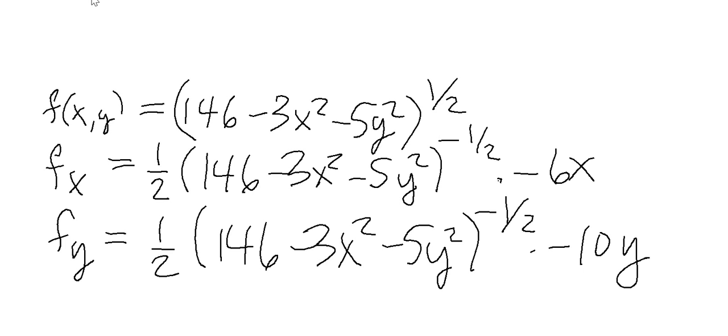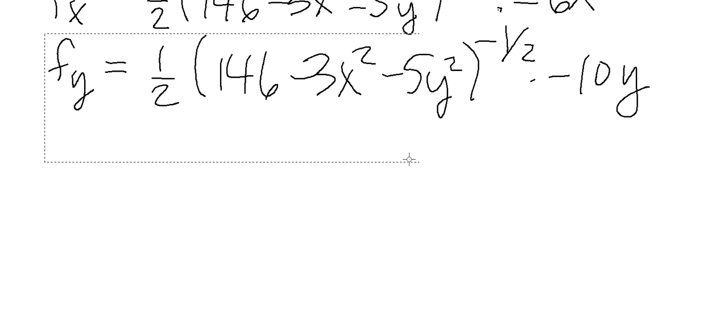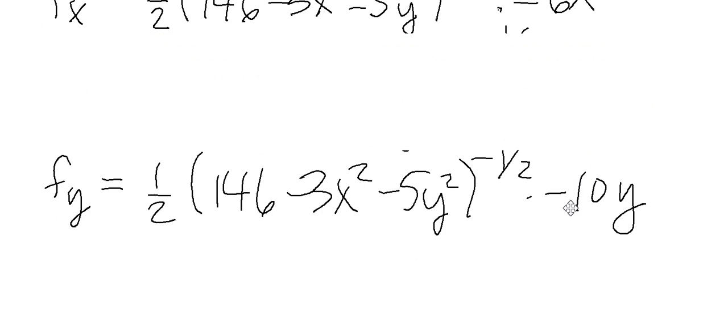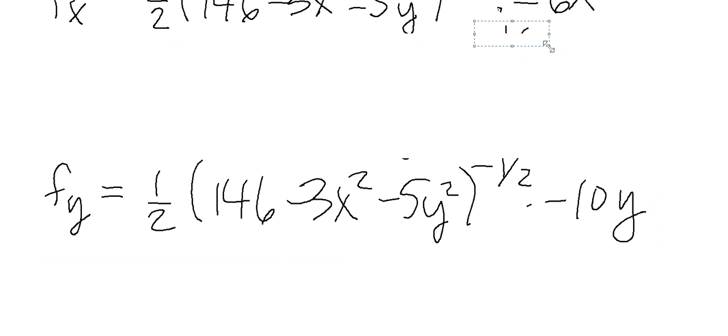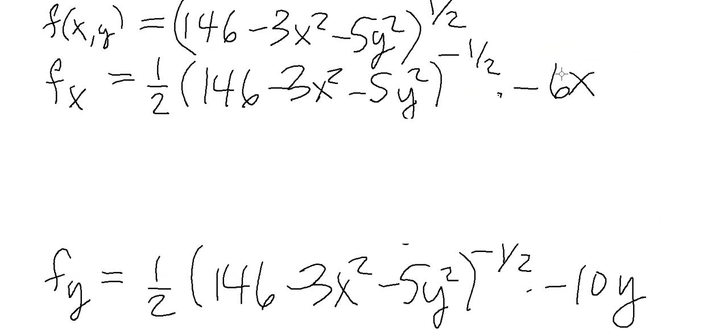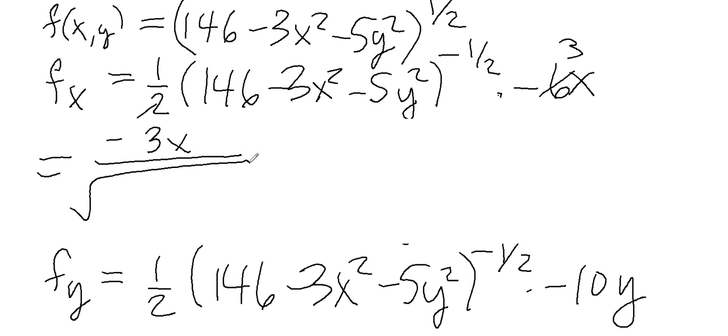So if we wanted to simplify a little bit here, 2 goes into 6 3 times, so -3x up on top. Denominator, we'd have square root 146 minus that 3x squared minus 5y squared.